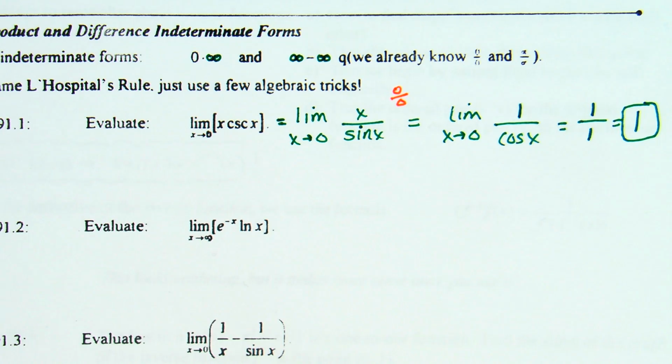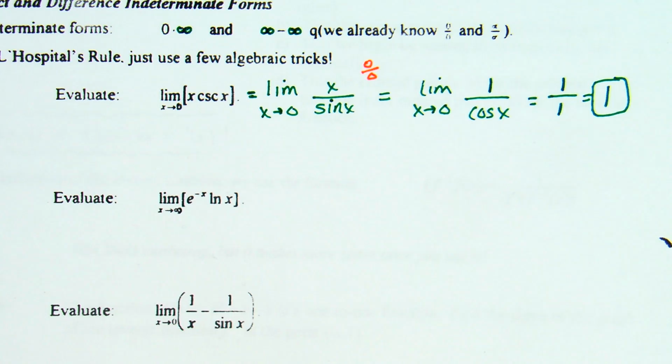Okay, example 2. The limit as x approaches infinity of e to the negative x times natural log of x. What are your thoughts here? As x approaches infinity, the natural log of x approaches infinity.